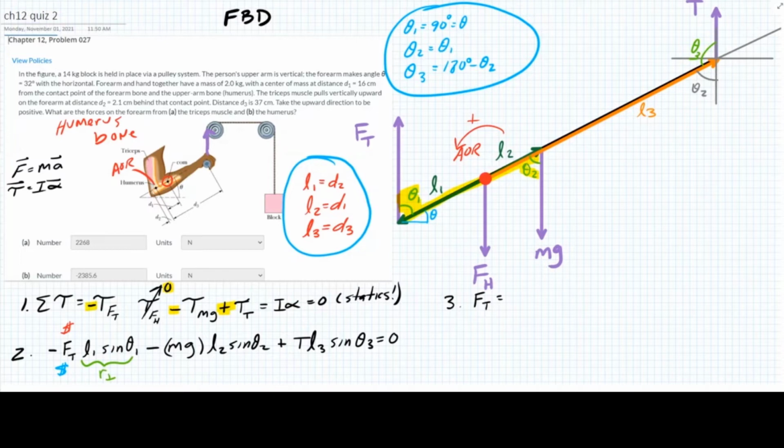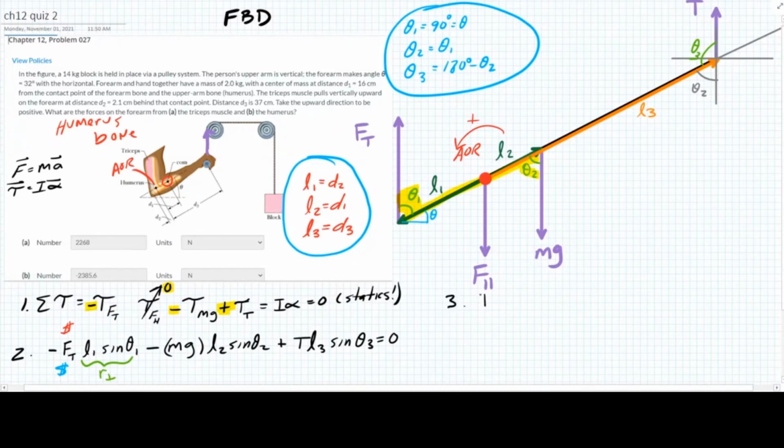MG. Oh, you know what? I got to add a little number 3. I know everything except for that tension force, although I think I know its tension force. All right, I'm just going to include a step number 3.